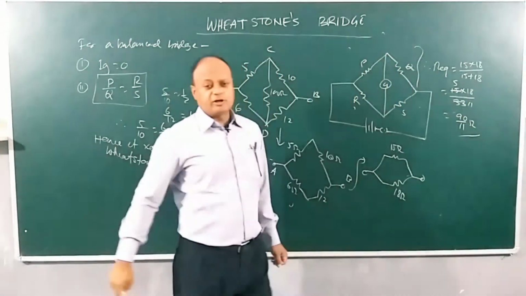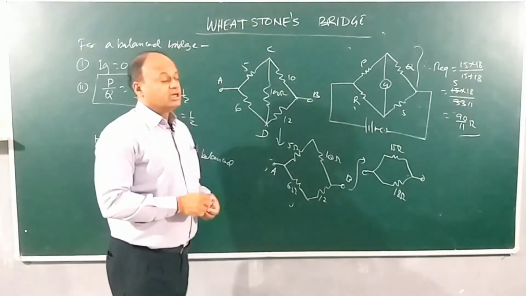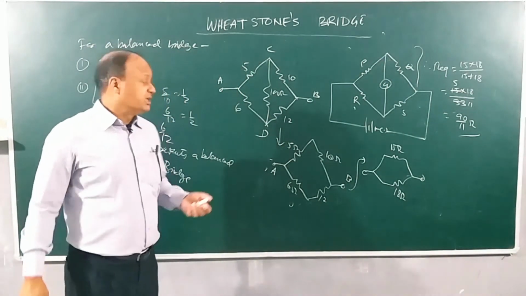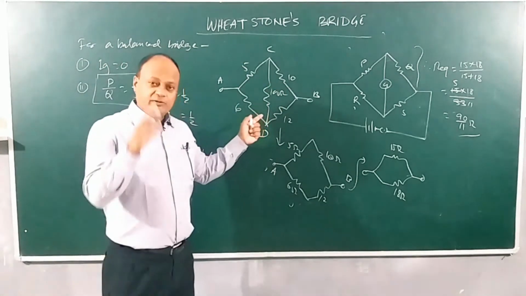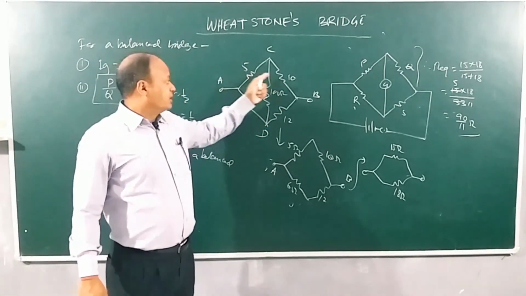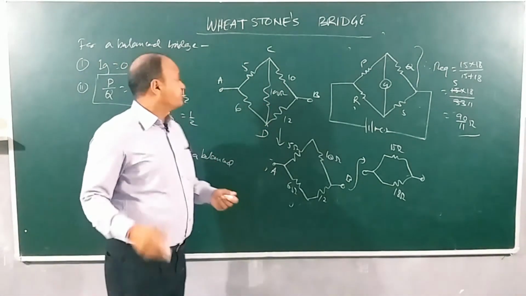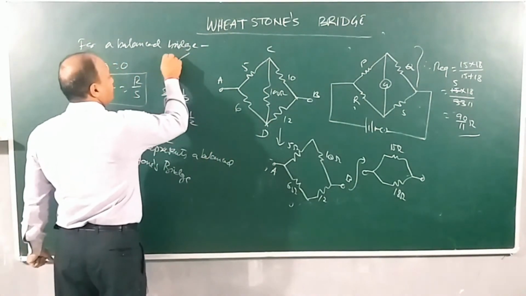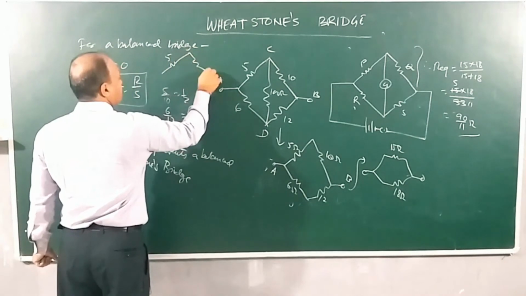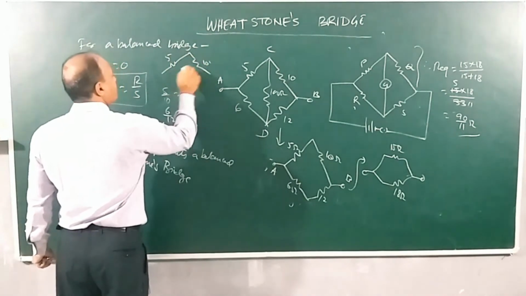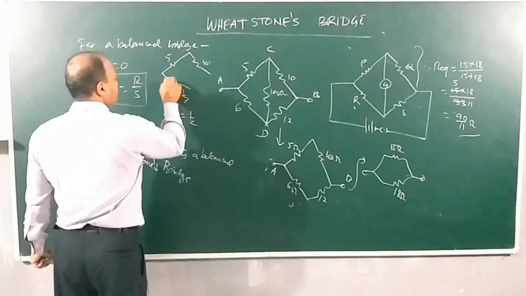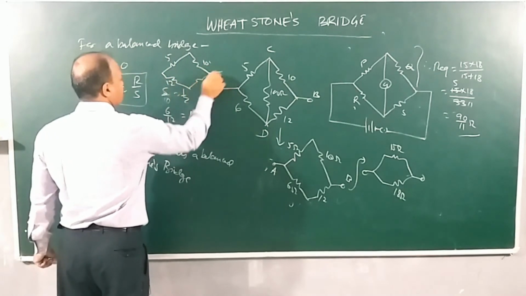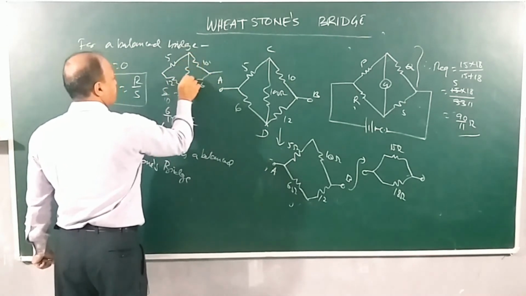So if you are given a problem on balanced Wheatstone's bridge, then you should be able to very easily handle it. If you see any circuit like this, always try to find out the ratio of resistances in the adjacent arms. But suppose I change the resistances, like I make this 5, this 10, this 12 and this 6, and this for example 100 ohm.